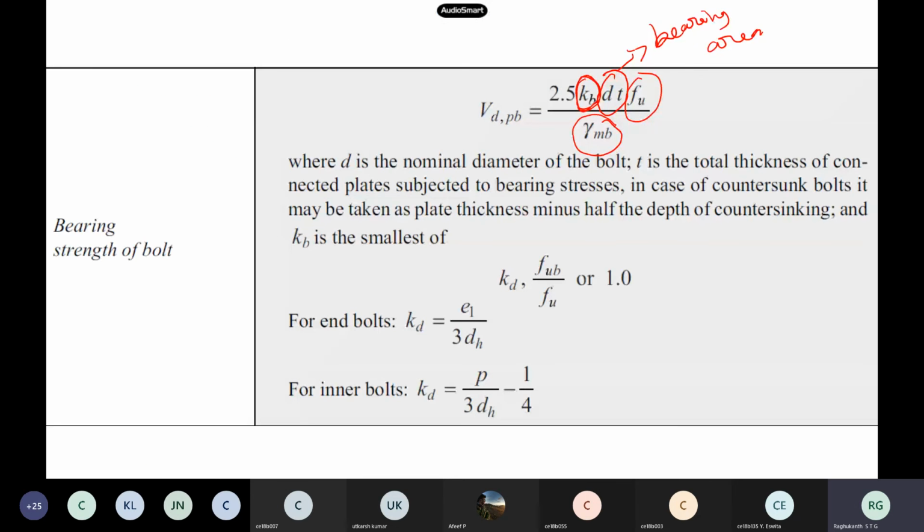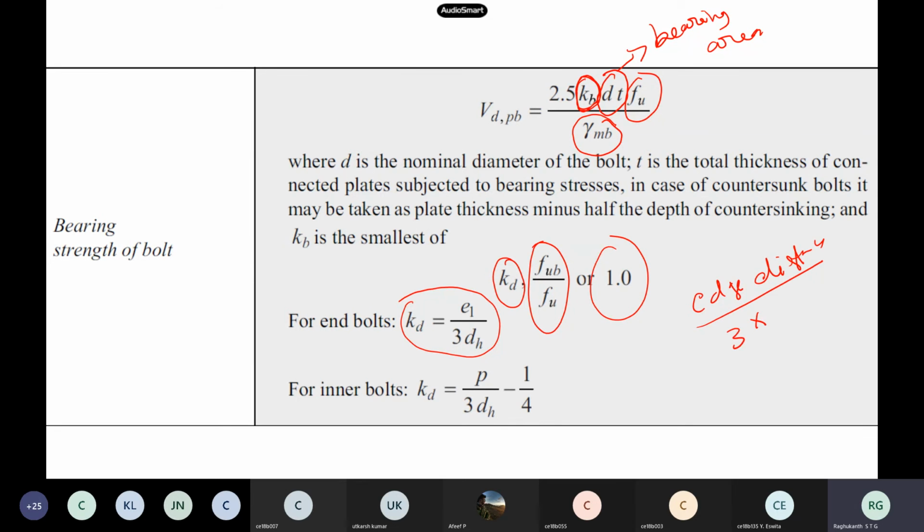For that, the code says you have to take kb as the smallest of kd, fub by fu, or 1, where kd is defined as e1 by 3dh. e1 is your edge distance, which we remembered from long back, and dh is the diameter of the hole. You also have to verify p by 3dh minus 1 by 4, where p is the pitch.